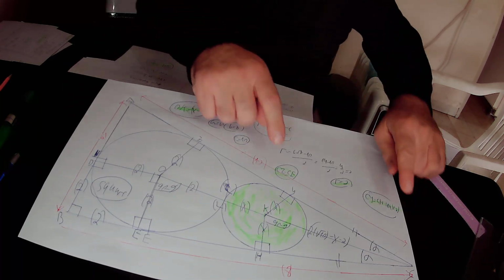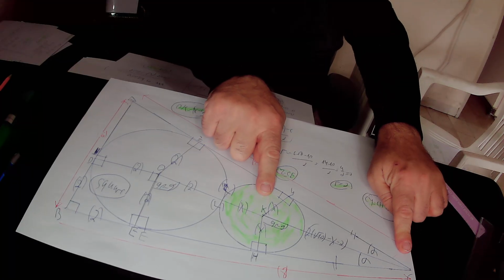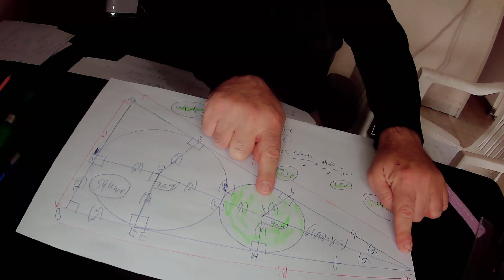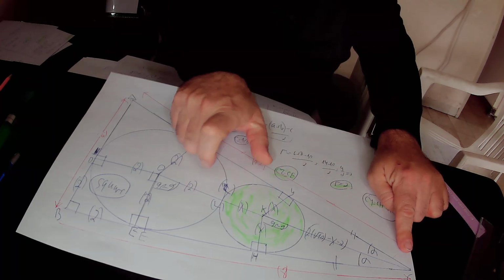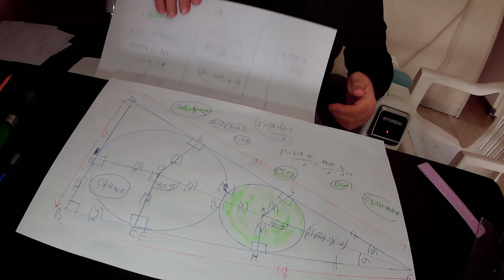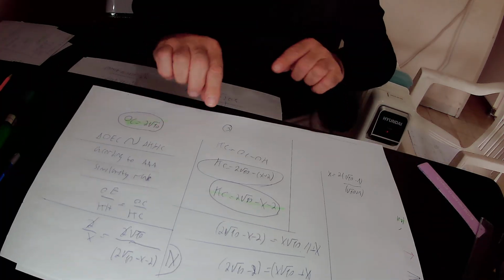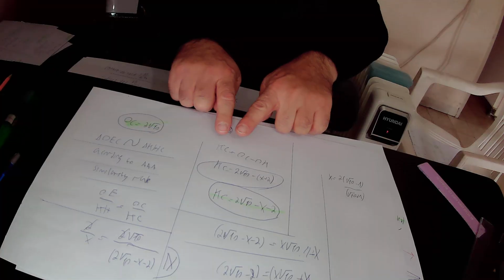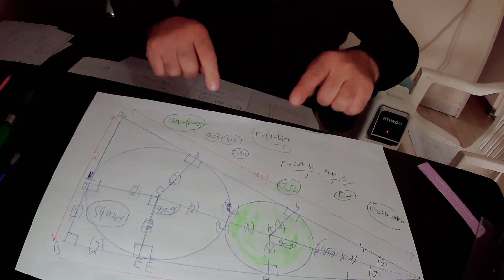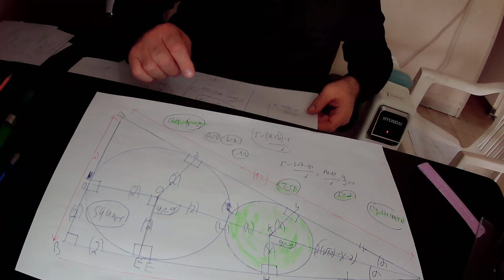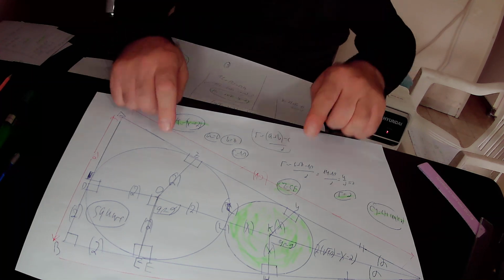What is the length of KC? KC equals OC minus OK. OC equals 2 times square root of 10, minus OK.